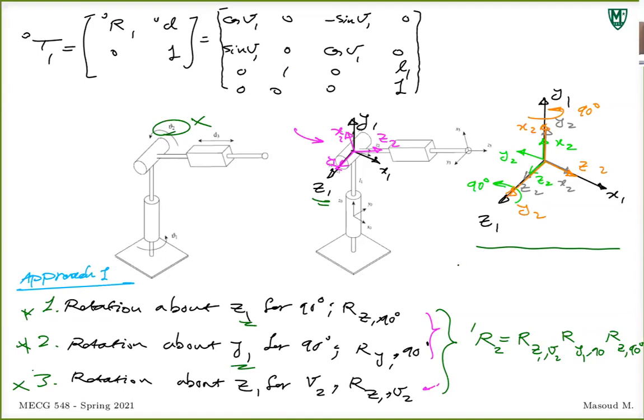So what happened? We ended up with the light green, x2 upward, z2 still along z1, and y2 to the left. And then on that one, I made another rotation about y1. Remember, all the rotations you have to do about the axis of the original frame, the first frame. I made another rotation about y1, the orange color there. So the bright green becomes the orange axis.